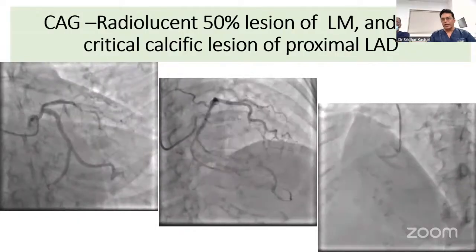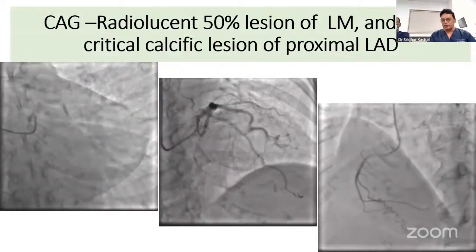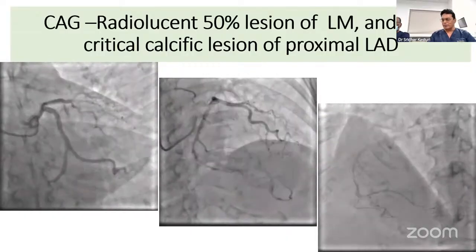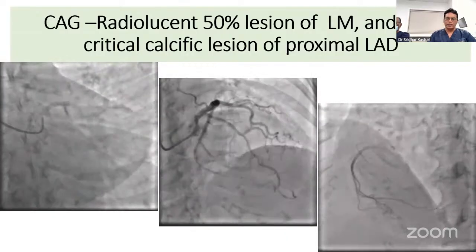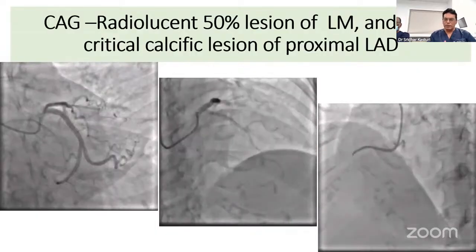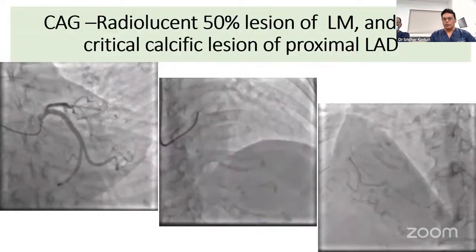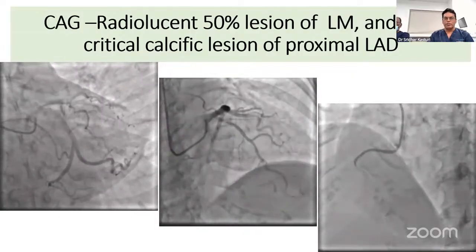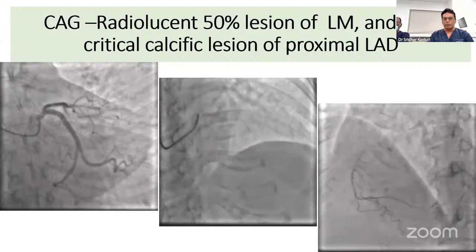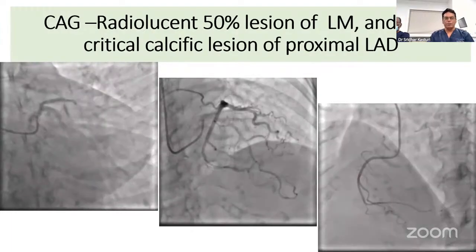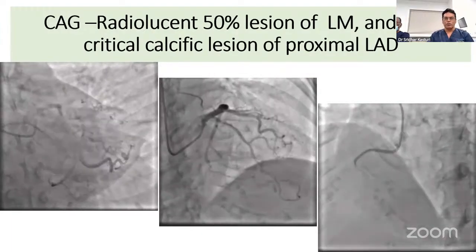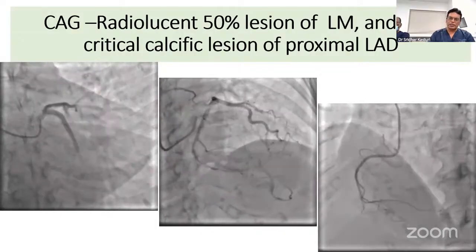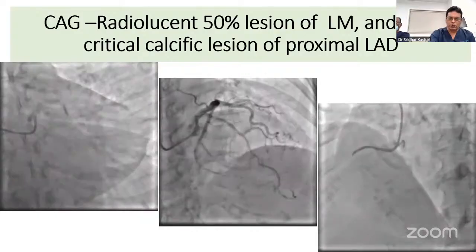So we thought we will give IABP support because LVEDP was 18, mainly to reduce the afterload. At the same time, we keep a pacemaker because LCX is dominant. If something goes wrong with the LCX, the patient can go into complete heart block. So that is the reason we thought of giving balloon tip pacemaker support.